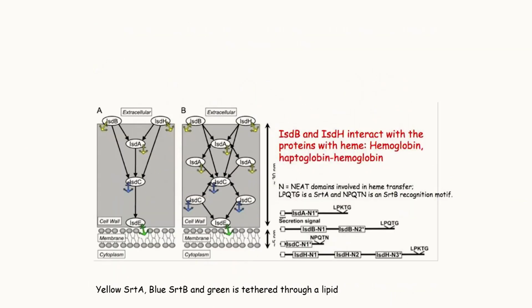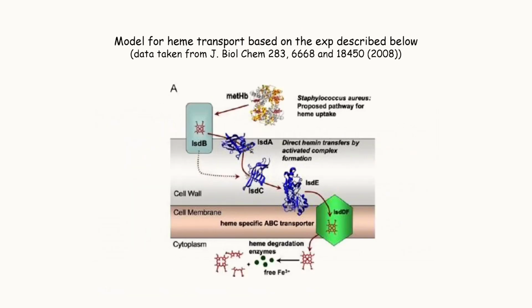And then in your problem set, and in the last part of this, I just wanted to very briefly go through how people are trying to study how the heme that's up here gets transferred. And so this is a cartoon model. And so we have hemoglobin. We've been able to lyse red blood cells, get hemoglobin to come out, or haptoglobin hemoglobin, and now somehow you have to extract the heme.